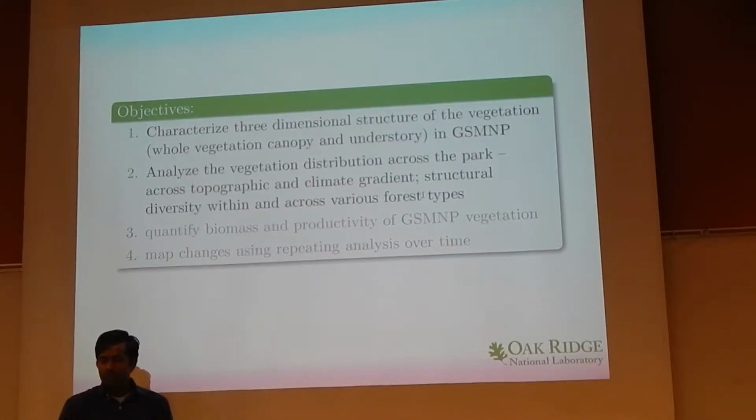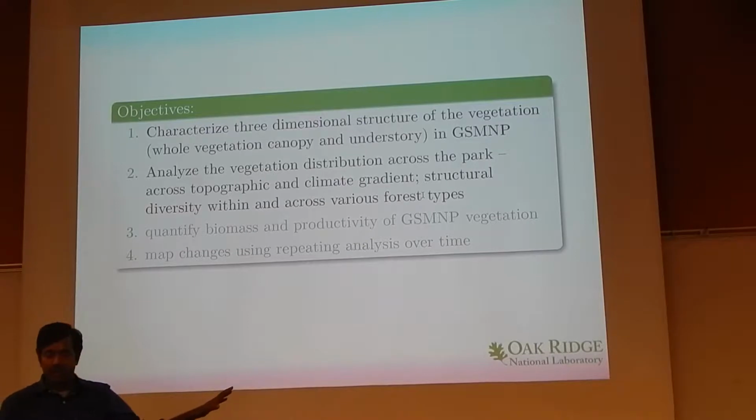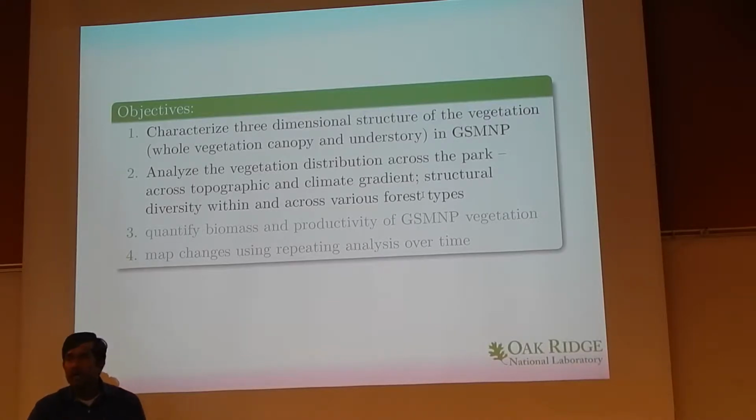So I have a long list of objectives, and the ones at the bottom, number 3 and 4, are something that we haven't really done. The first 2 are something that we have looked at fairly in detail. One of the common ways to look at forest and vegetation using LiDAR is to derive canopy height models.